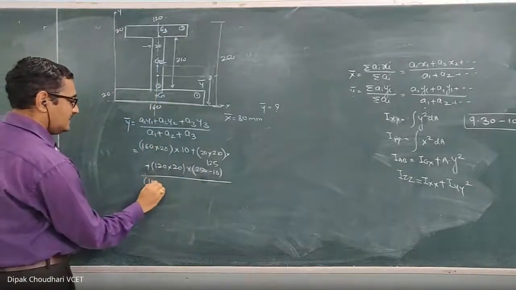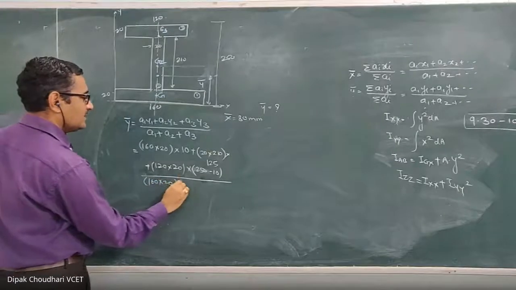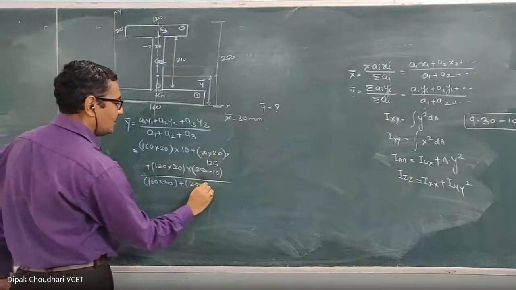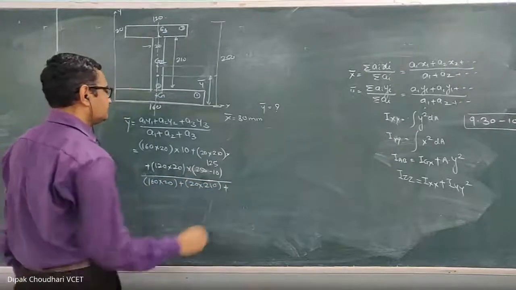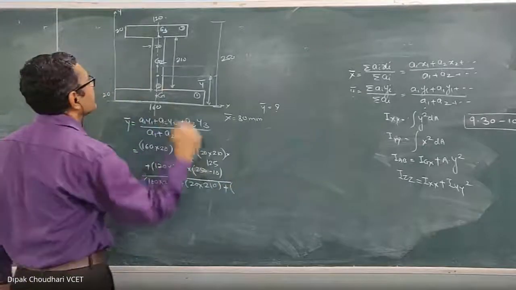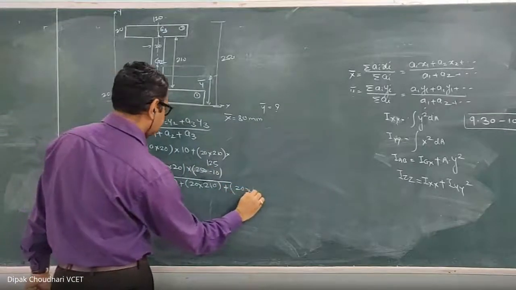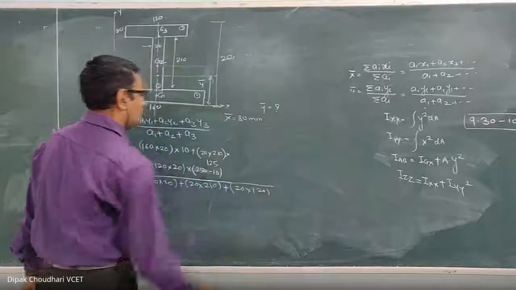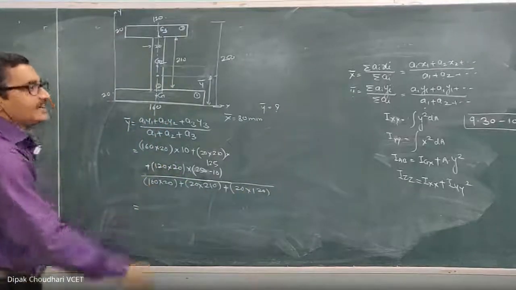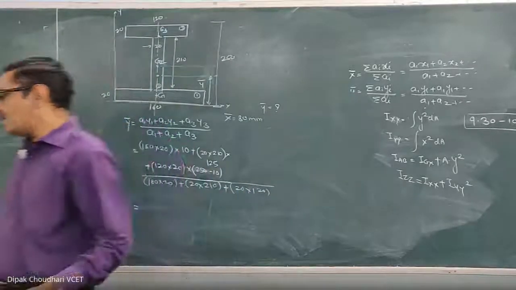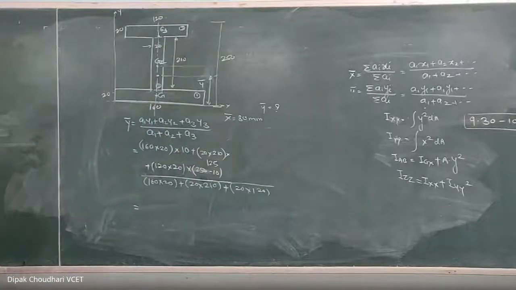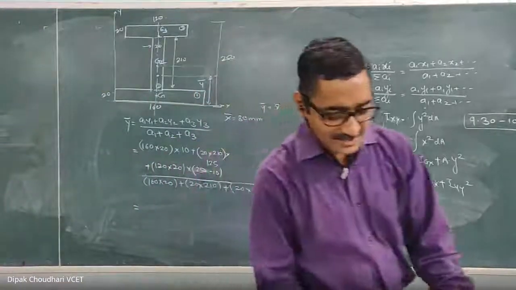So it is 160 into 20 plus 20 into 210 plus A3, it is 20 into 120. Okay, simplify this, you will get y bar. I hope that all of you have a calculator. So calculate and tell me the answer.